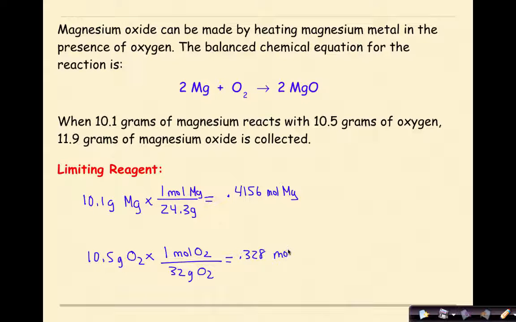0.328 moles of O2. Now what I need to do is take these moles and divide them each by the coefficient from the balanced equation.